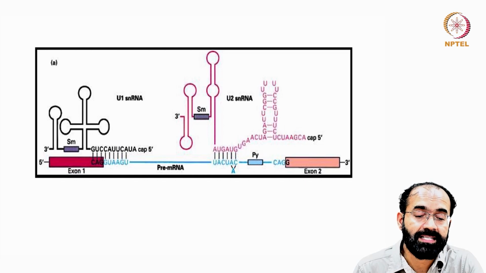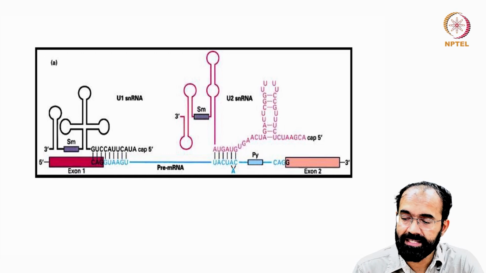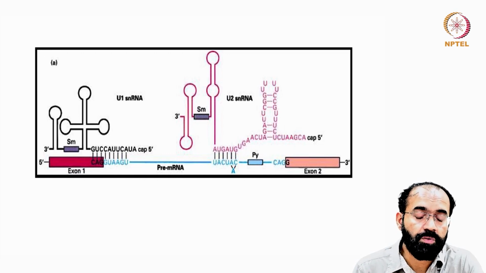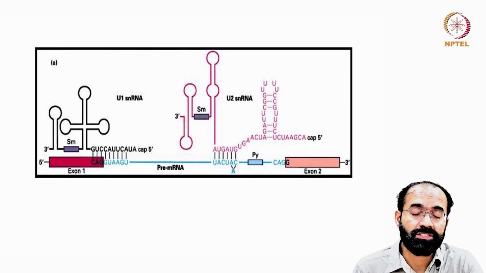This sequence is bound by U1 snRNA. U1 snRNA can happily pair onto this exon intron boundary, and this is very important for the splicing event.